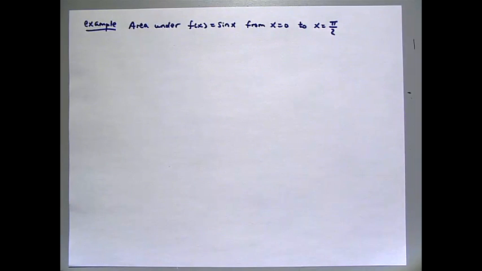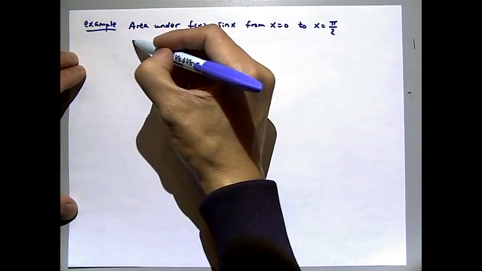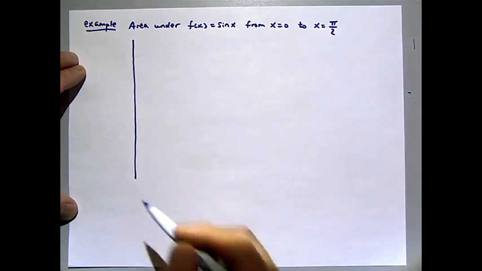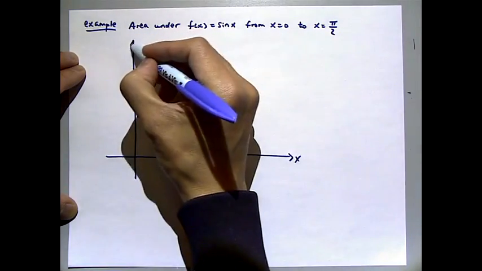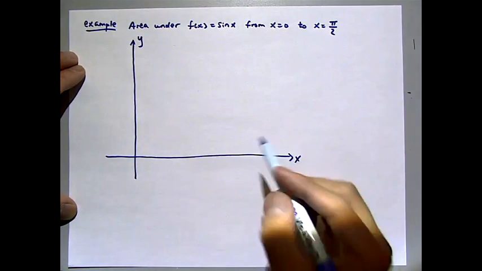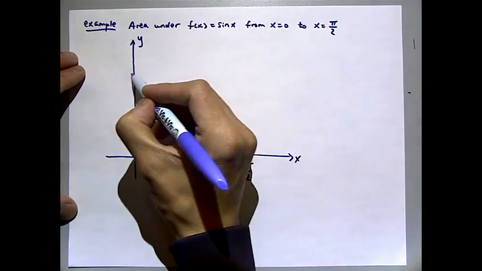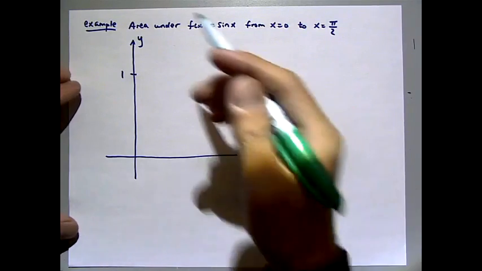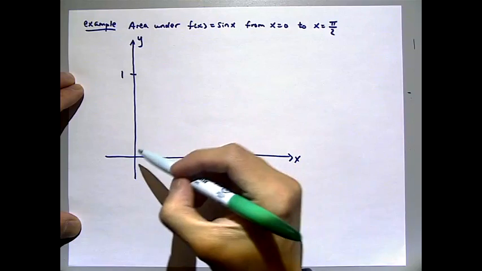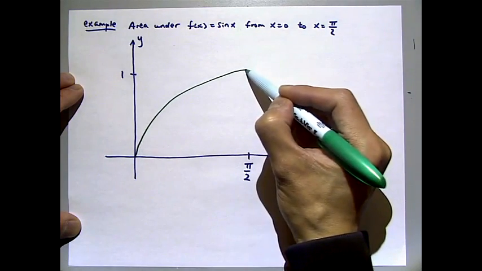We're going to be adding quite a bit of things to it, so make sure you make it big enough so you can add things without it being too crowded. All right, we know what this looks like, right? This is the first quadrant portion of the sine graph. It starts at 0 and curves up to 1 at pi over 2.